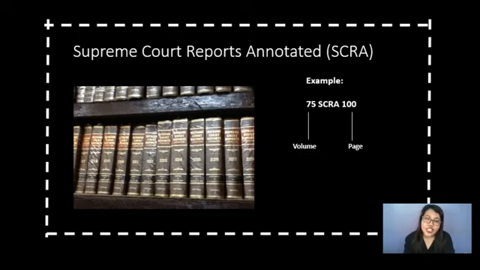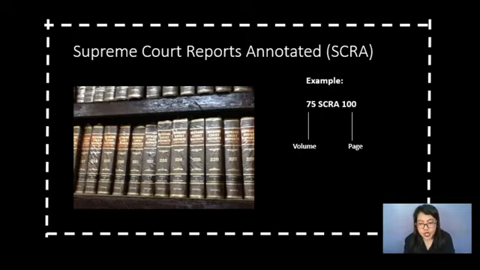Before the internet was a thing, law students and lawyers searched for their cases through the SCRA, which to me is challenging and a bit of a hassle considering that it is not accessible anytime, anywhere, and that it has hundreds of volumes and there's usually only one copy per volume in the library.